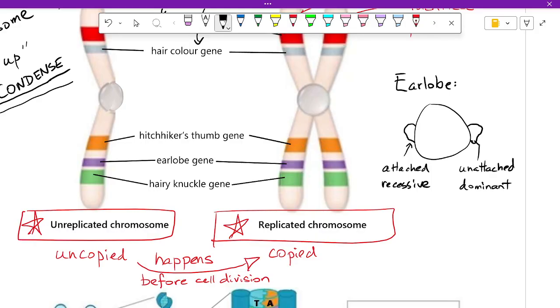Because what's going to happen is you're going to have a chromosome like this with two identical copies, and they're going to split apart. This one goes this way, and this one goes this way. They get pulled to the sides.